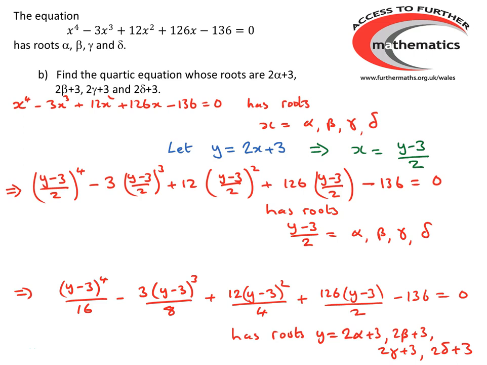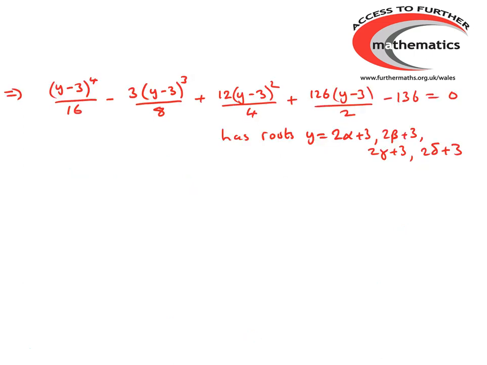So I've got y minus 3 to the power 4 divided by 16 minus 3 lots of y minus 3 cubed over 8 plus 12 lots of y minus 3 squared over 4 plus 126 lots of y minus 3 over 2 minus 136 equals 0 has roots of y equals 2 alpha plus 3 or 2 beta plus 3 or 2 gamma plus 3 or 2 delta plus 3.